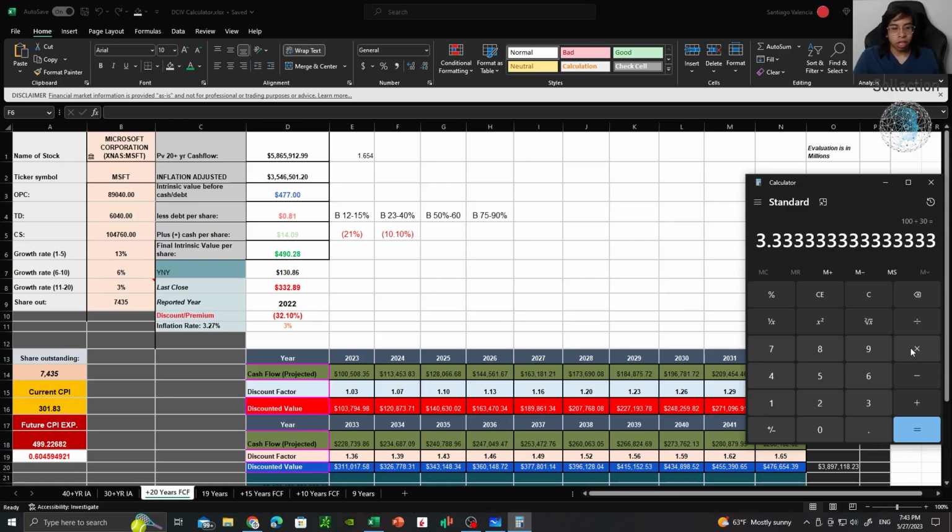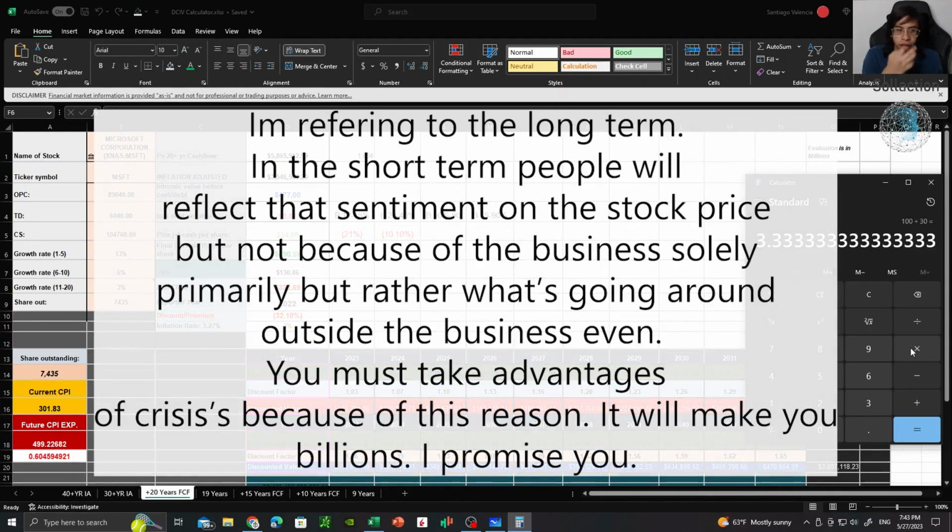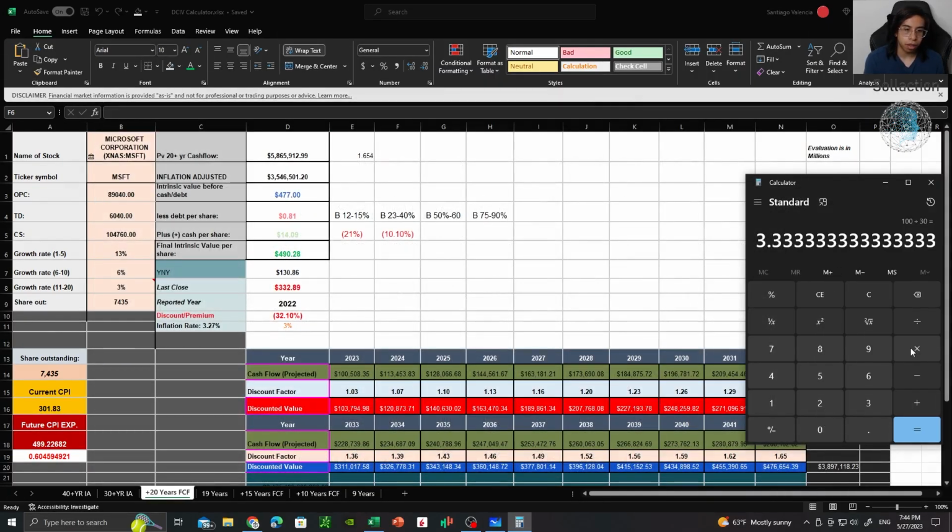No. Is inflation going to stop Microsoft selling more cloud services or their Windows operating systems? Not at all. Is the Russia-Ukraine war going to affect that? Not a big amount. Is COVID going to affect that? No, in fact, COVID is going to induce that. So there's no reason for you to be scared of buying more. It has nothing to do with the business. What happens in the stock market is independent from what the business is making.